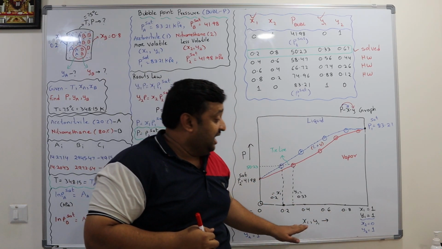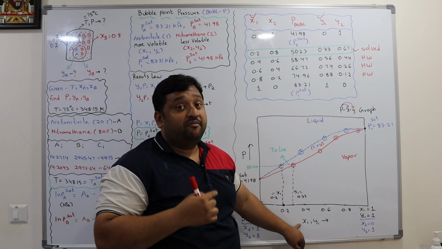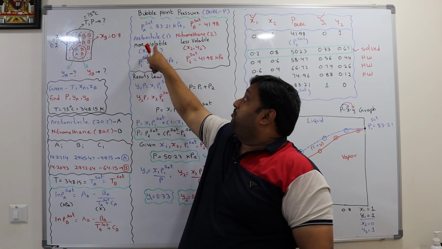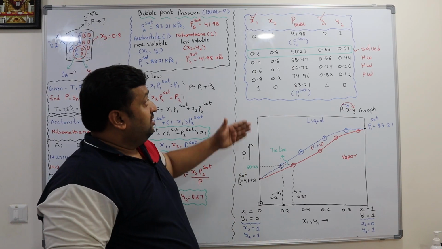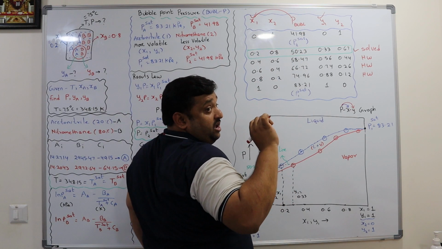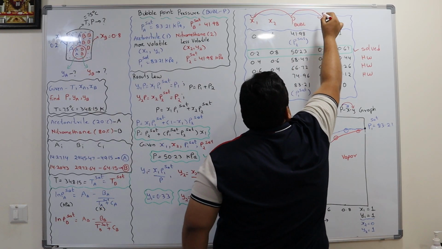Either you can plot x1, y1. x1, y1 denotes the liquid and vapor compositions of acetonitrile. Okay, so let us plot P versus x1 first, and next you plot P and y1.